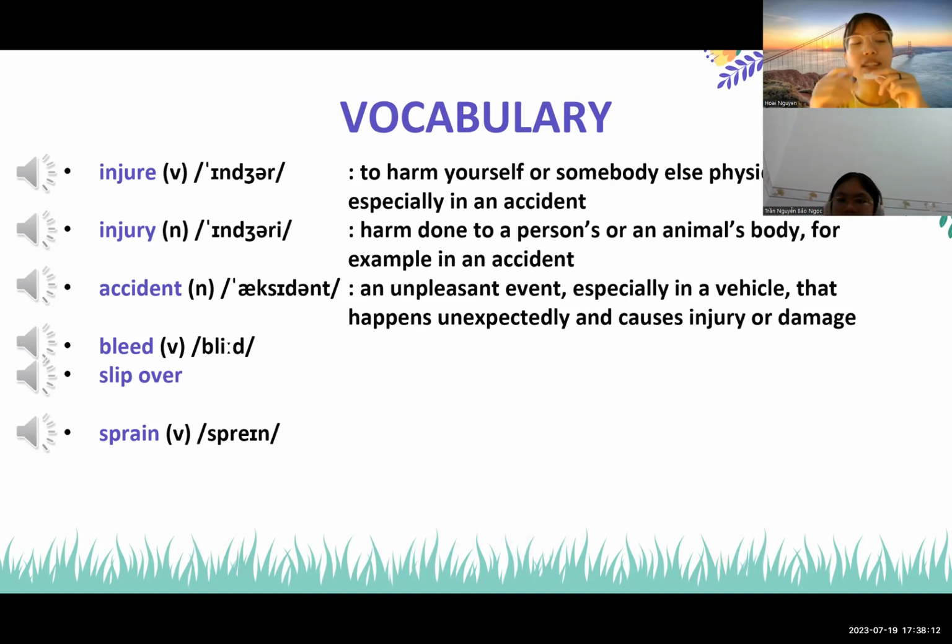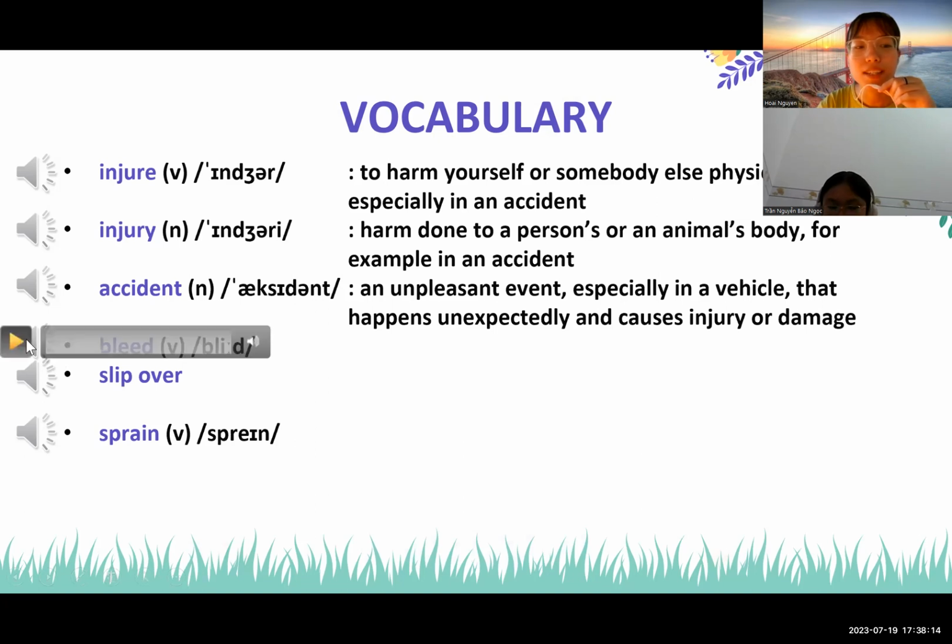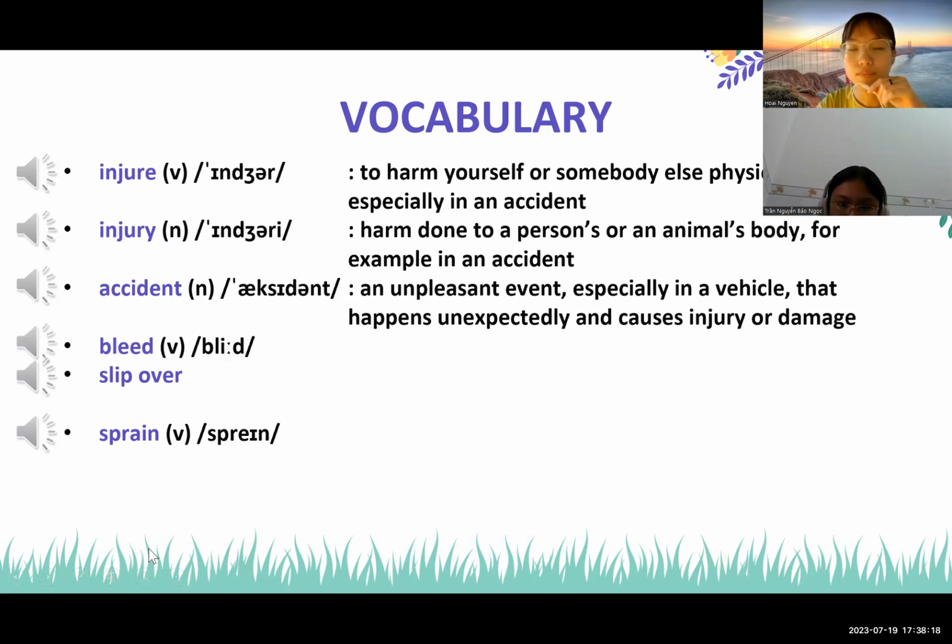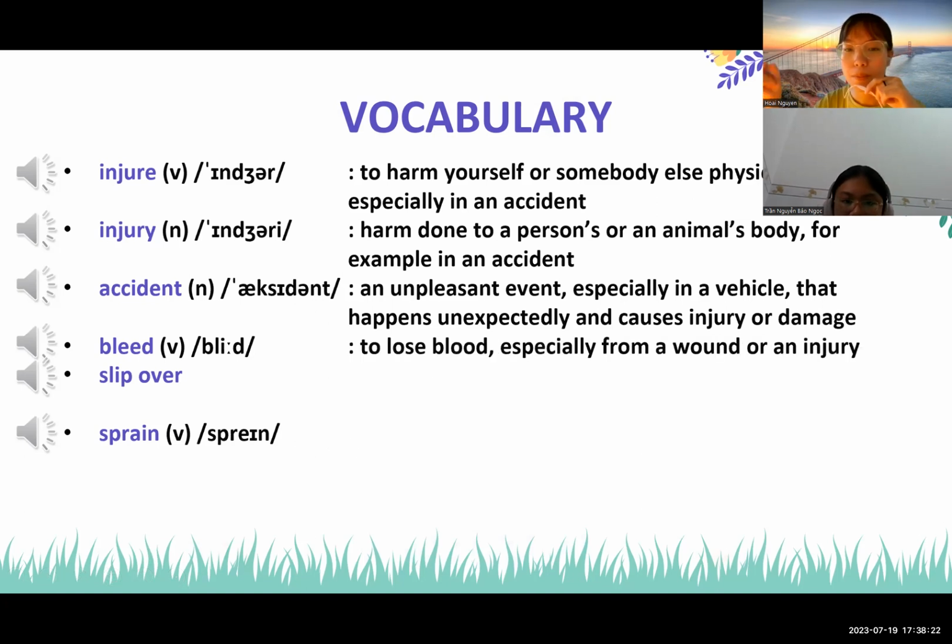Okay. Now next, we're going to have bleed. This is a verb. Bleed. Bleed means to lose blood, especially from a wound or an injury. A wound here or an injury. Okay, you got that? We have blood, right?